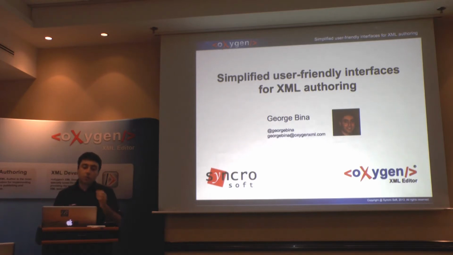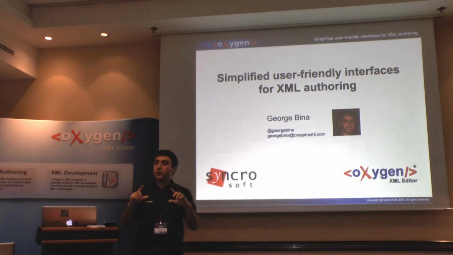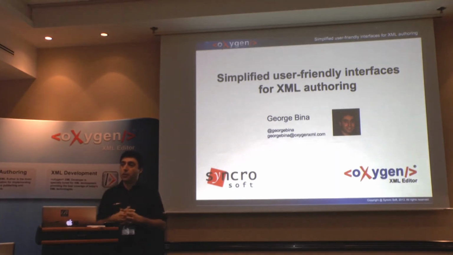So in order to provide simplified user interfaces, initially oXygen started in 2001 as a development tool for XML. So 12 years ago, we started as a development tool, and people create XML in the text editing mode, directly entering the XML tags, angle brackets, and so on.